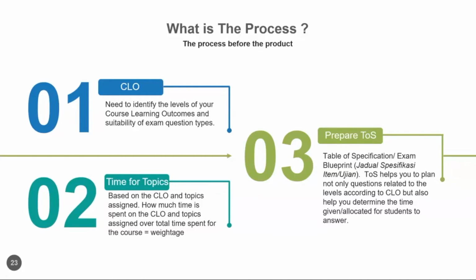That's how you come up with the table of specification, or exam blueprint, or long time ago they called it jadual spesifikasi ujian, and now it's called jadual spesifikasi item. The table of specification helps you plan not only questions related to the levels according to the CLO, but also determine the time allocated for students to answer. It gives you the rule of thumb for how much time to provide to your students.